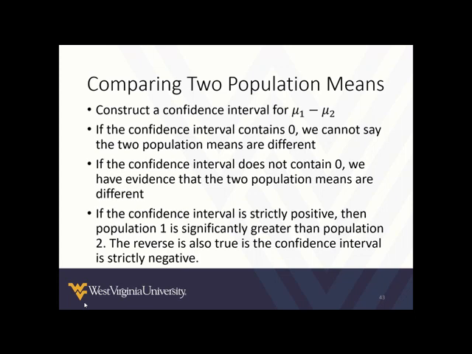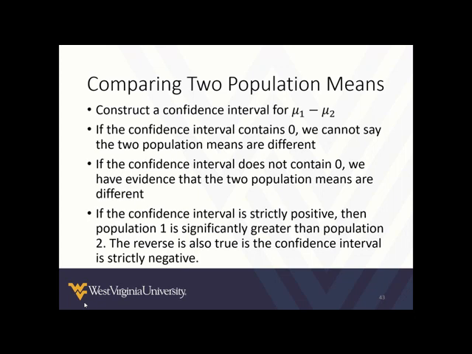So to state that more clearly, because I realized I was thinking multiple thoughts as I was making that statement, if the confidence interval contains 0, then we cannot say the two population means are different, meaning it is the equivalent of the two-sided test where we conclude that we fail to reject the null hypothesis and there's insufficient evidence of difference. That's what we're saying. Saying it one more time for clarity.